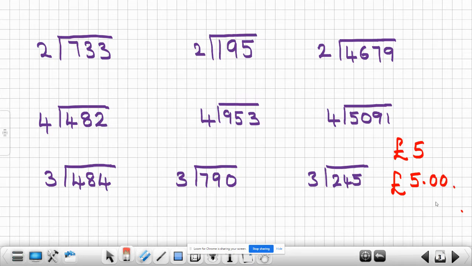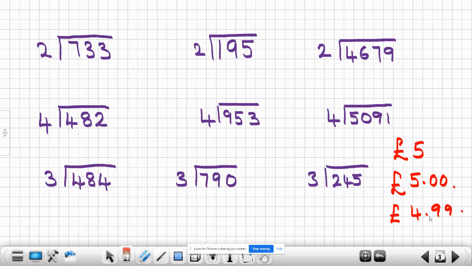So we can write it using a decimal point to show when we have come to the end of our pounds, and then we can have 2 zeros after it, which would represent pence.